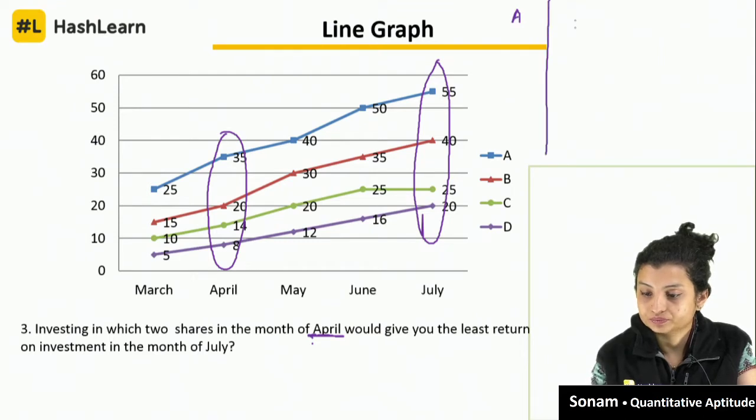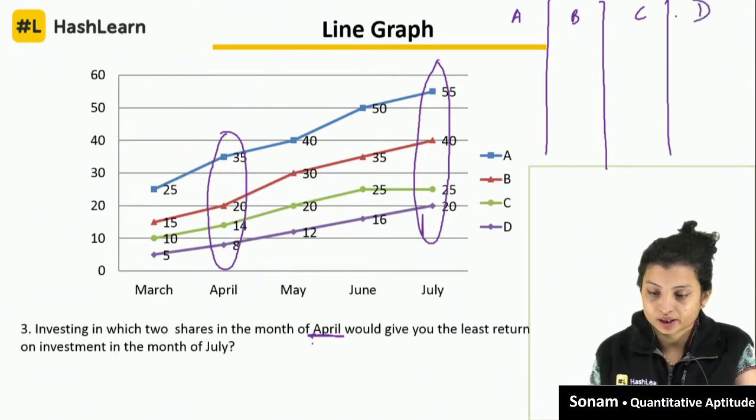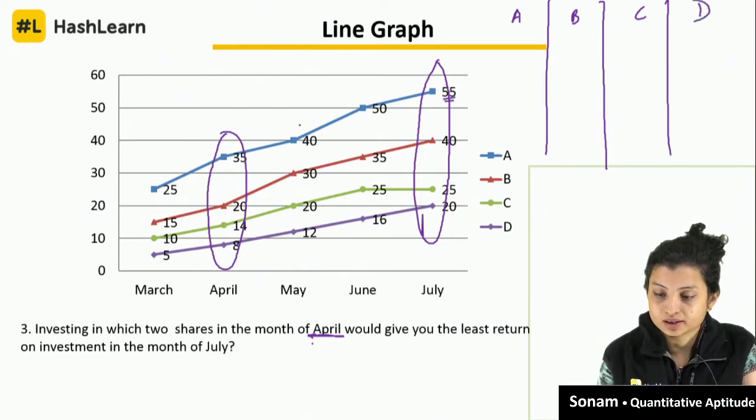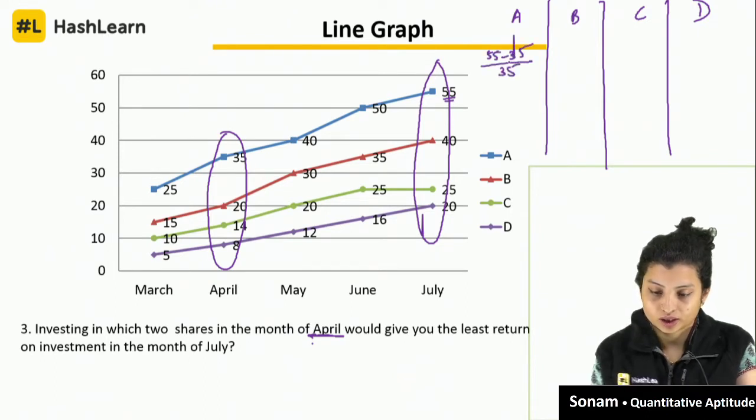So A, B, C and D. Okay, so let's calculate for A. So 55 minus 35 upon 35 into 100.